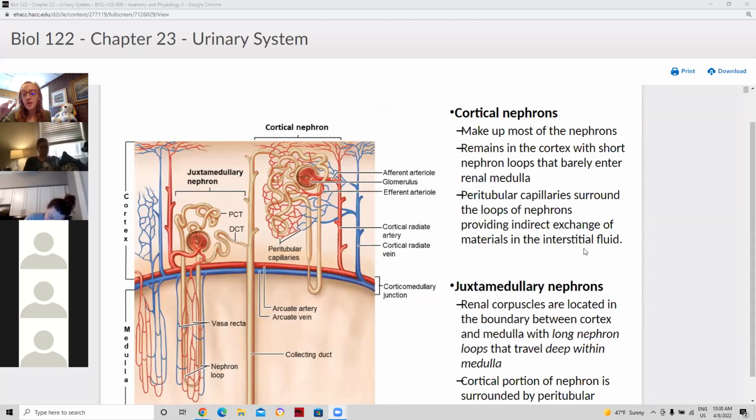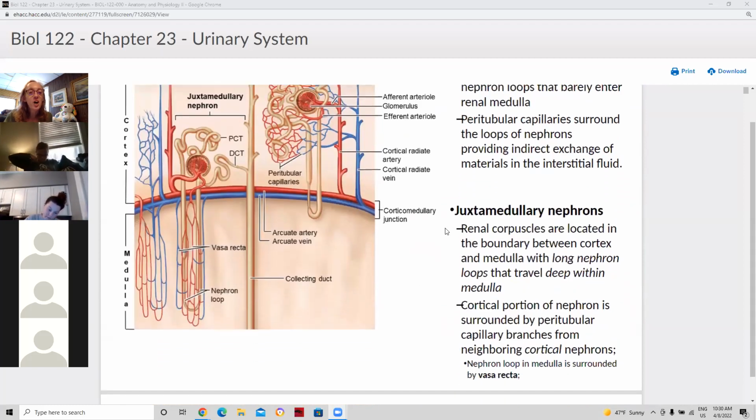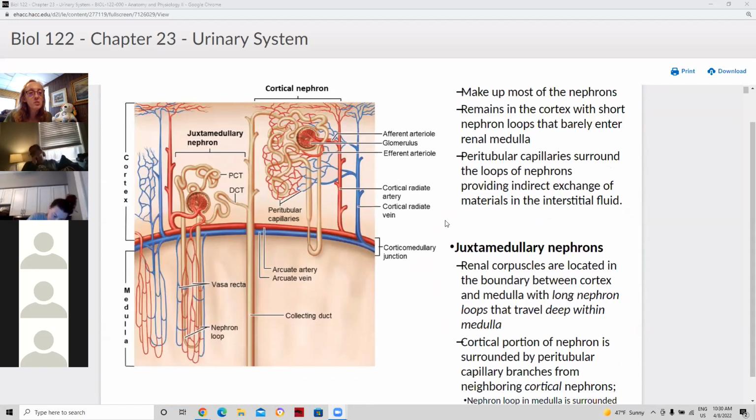We have two types of nephrons: cortical nephrons and juxtamedullary nephrons. The major difference between these two types of nephrons is how long their nephron loops, or loops of Henle, are. The juxtamedullary nephrons have very, very long loops that extend deep into the medulla and are surrounded by the vasa recta.